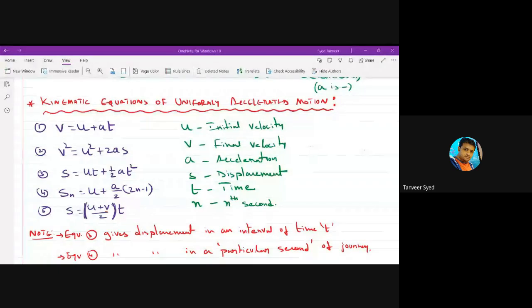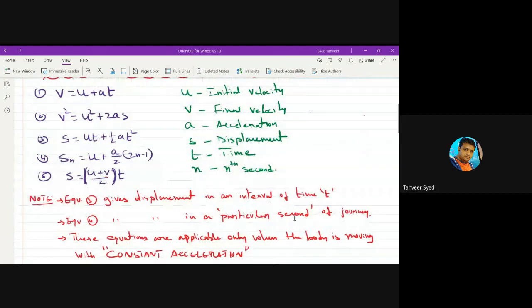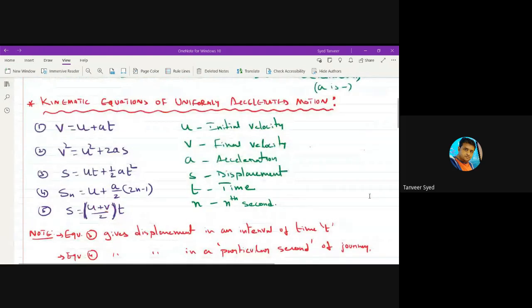Just remembering the equations, remembering the formulas will not help you in solving the questions. You should understand which equation relates which quantities, which quantity is not present in a particular equation, and which quantities are present in it. Then only you can apply them to solve questions.